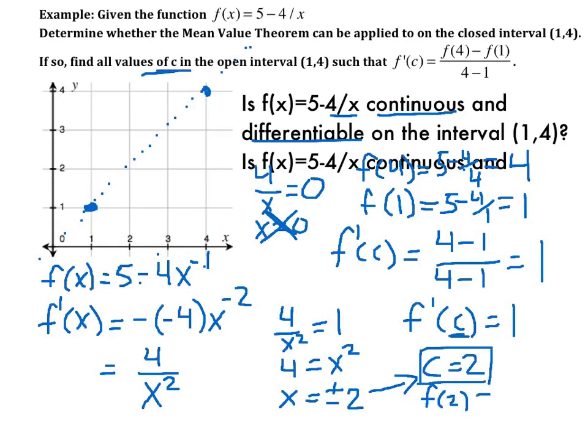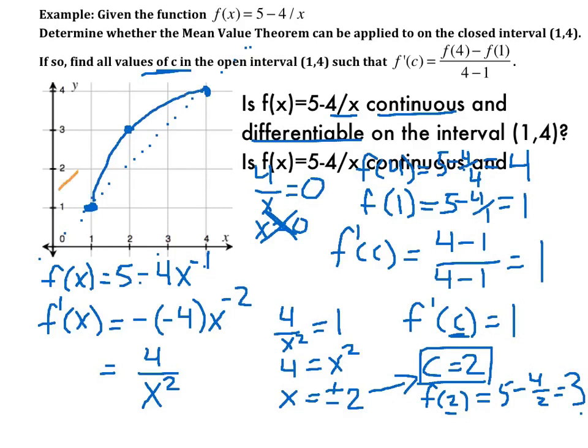F of 2 is going to equal 5 minus 4 over 2, which is, let's see, 5 minus 2 is 3. So that gives us the point (2, 3). So I'm going to go ahead and put that on our graph here. And so our function actually looks something like this right there.